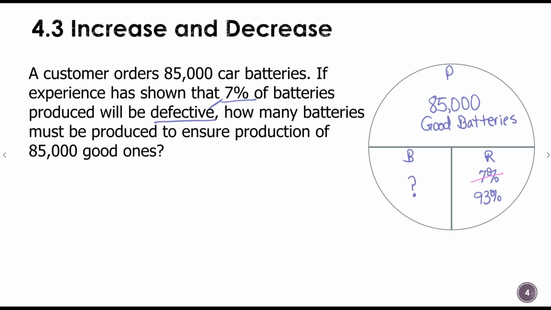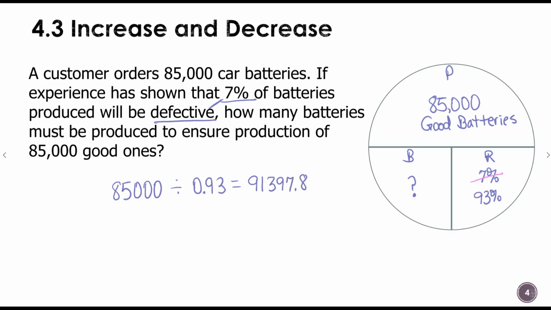And you guys, once again, you just have to practice this to understand. So we calculate it by taking the 85,000 batteries and divide it by 0.93, right? 93% is 0.93 in decimal form. And that gives us 91,397.8.